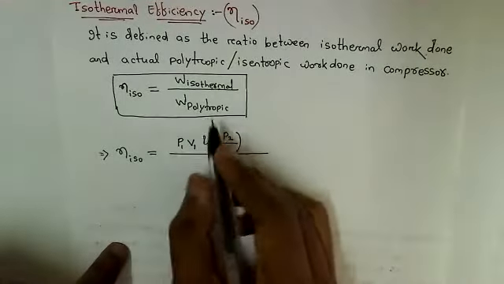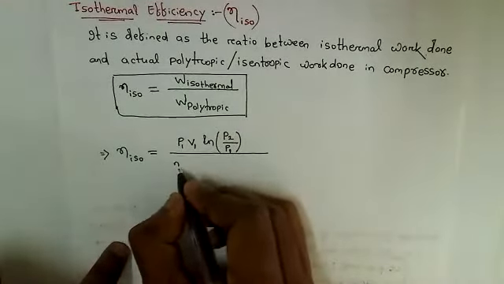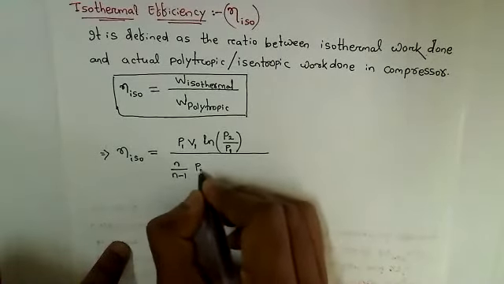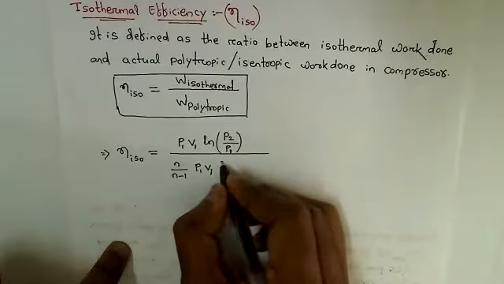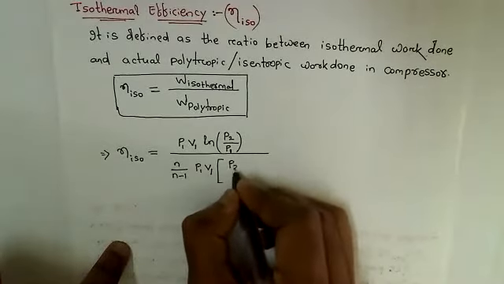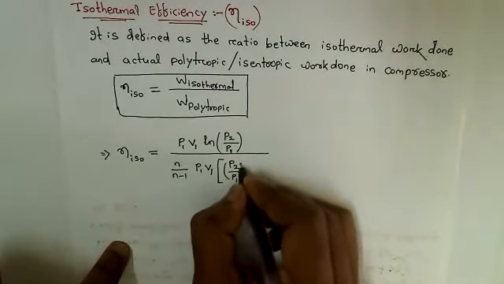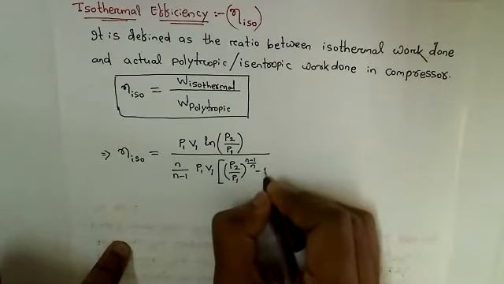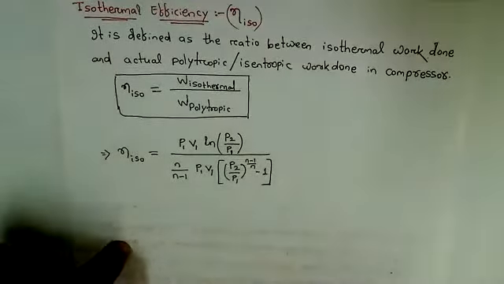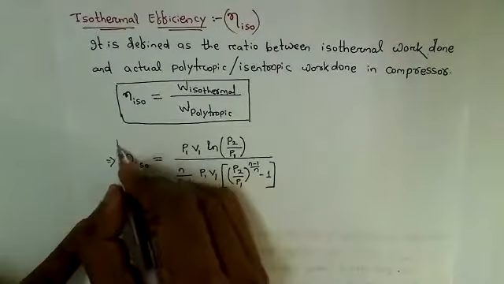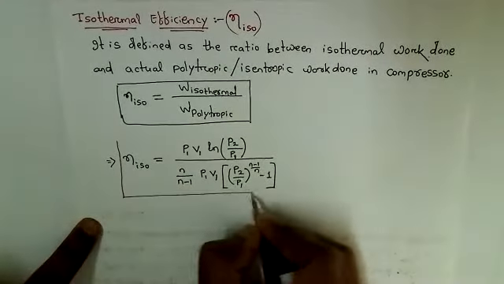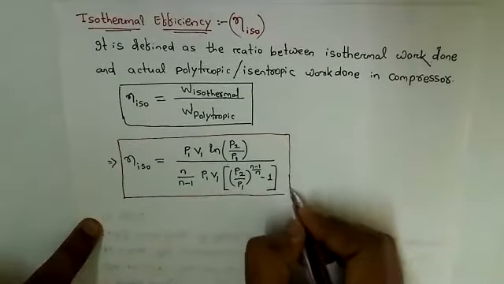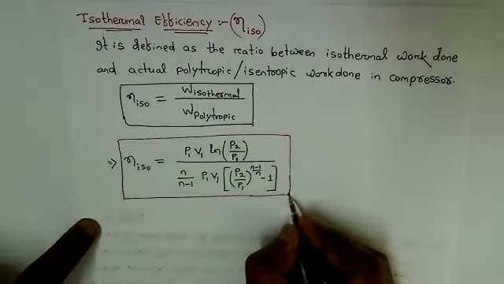This formula we already discussed in the last class. The formula becomes n divided by n minus 1, P1 V1, whole into P2 by P1 whole to the power n minus 1 by n, minus 1. This is the total formula to calculate isothermal efficiency.